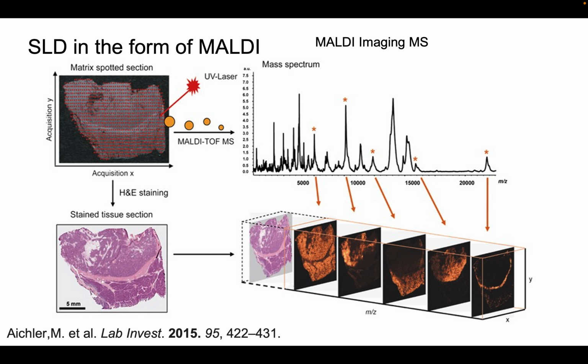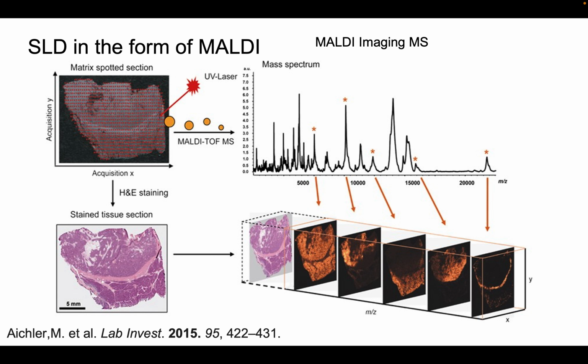And the UV laser only hits the matrix crystals, so it actually leaves the tissue on its own. So subsequent to the MALDI measurement, histological staining is carried out, therefore allowing a histology-directed analysis of the mass spec. These color signals allow the detection of patterns, which represent the distribution in tissue of the molecule of interest.